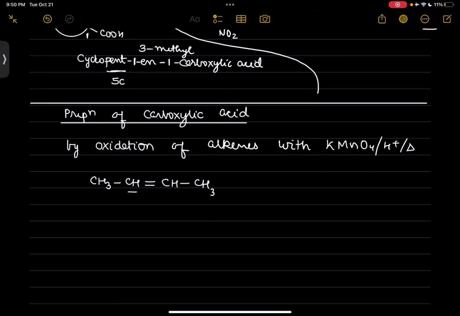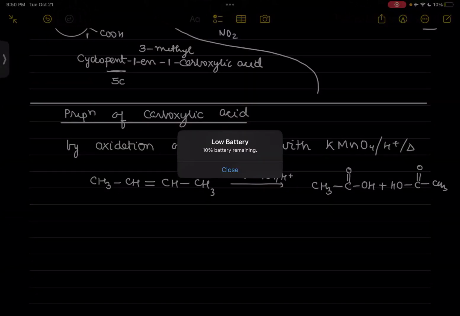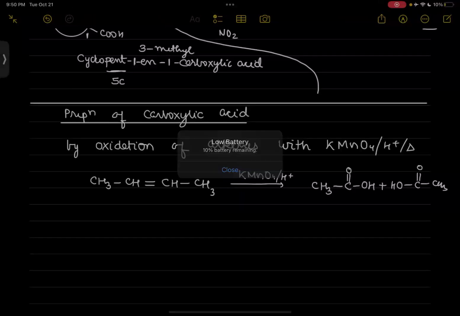So you should have one H on the carbon, and if you oxidize it with KMnO4/H+, acidified potassium permanganate, the alkene will break and you will end up with COOH. Got it?